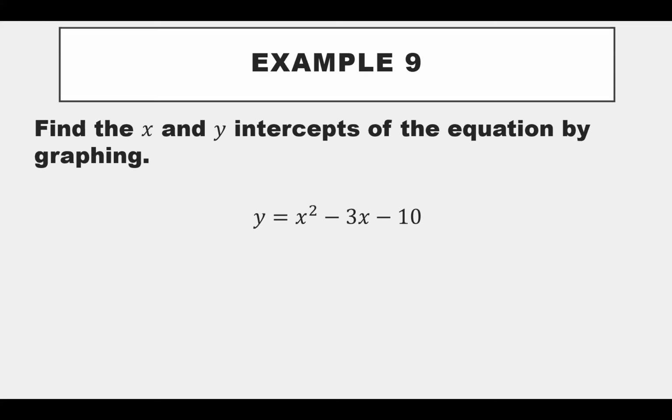Now, we found x and y intercepts primarily by using algebraic methods earlier. We can also find x and y intercepts by graphing. So what if we graphed y equals x squared minus 3x minus 10? You can graph this on Desmos or on a TI-84 calculator.